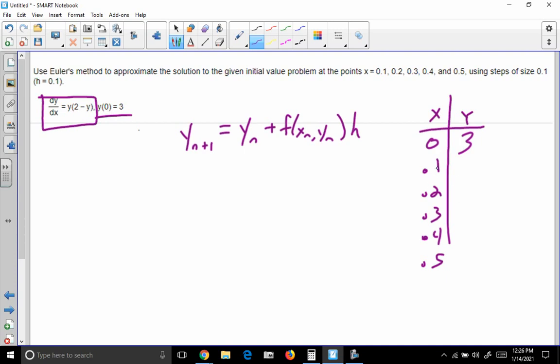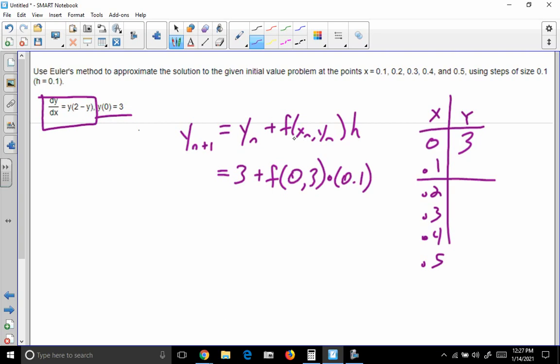If we want to know the next y value, we're going to take our current y value plus f of our current point times delta x, which is 0.1, and that'll give us our next y value.